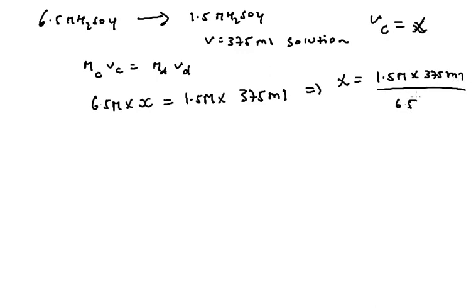If you multiply 1.5 by 375, we get 562.5 milliliter, and we're going to divide that by 6.5. 562.5 divided by 6.5 gives us 86.5 milliliter. So 86.5 milliliter is the volume of the concentrated solution.